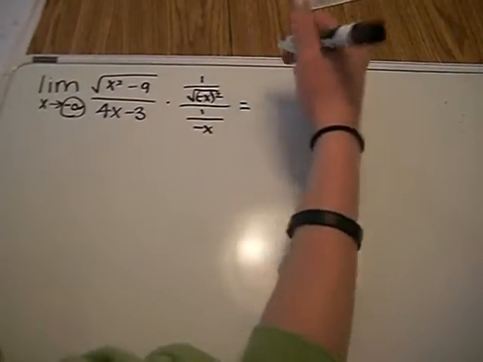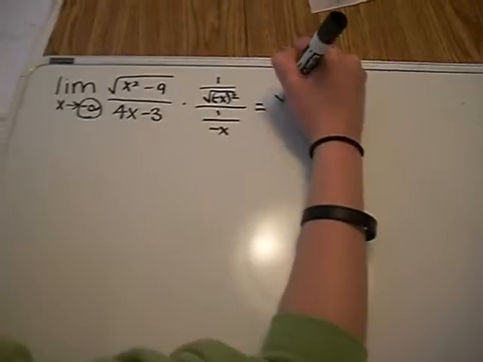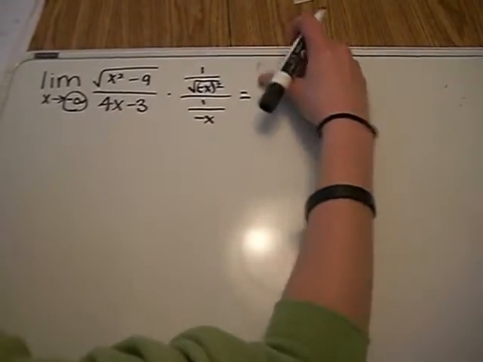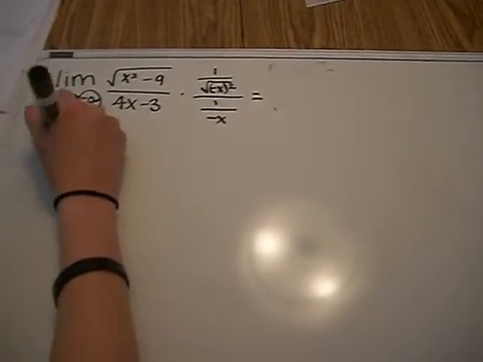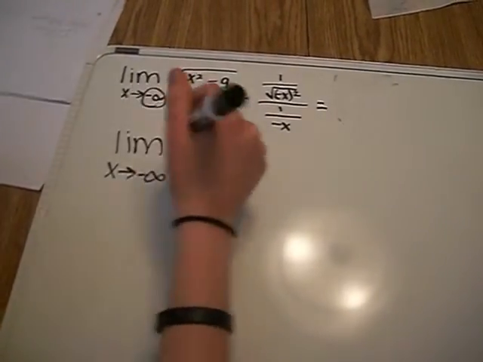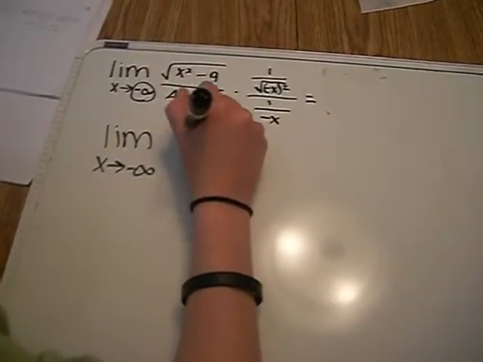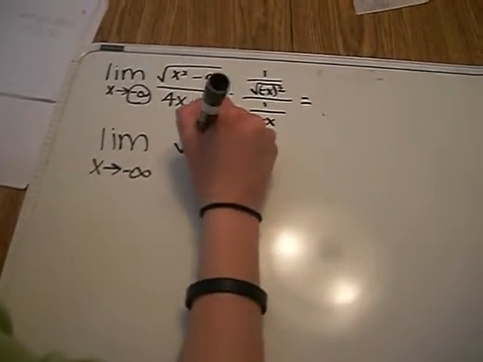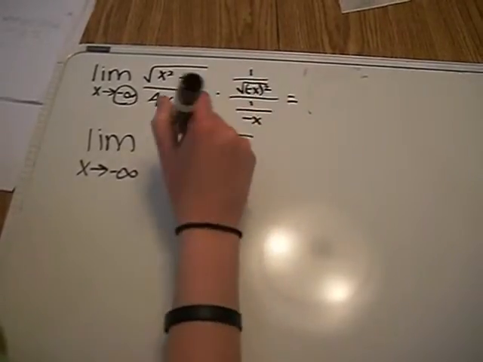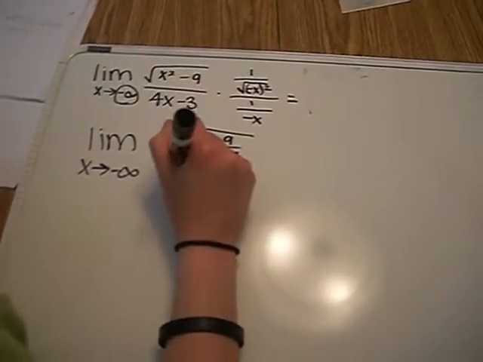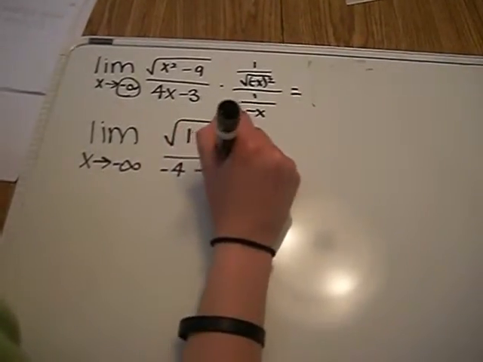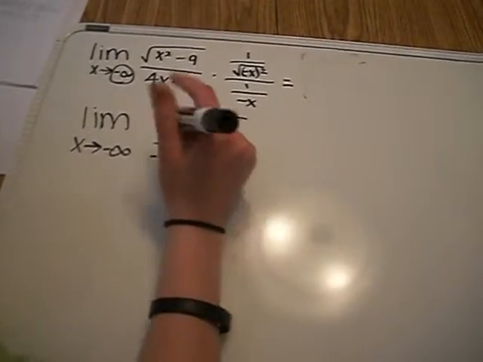When I do that, this equals the limit as x approaches negative infinity of the square root of 1 minus 9 over x squared, over negative 4 minus 3 over x.